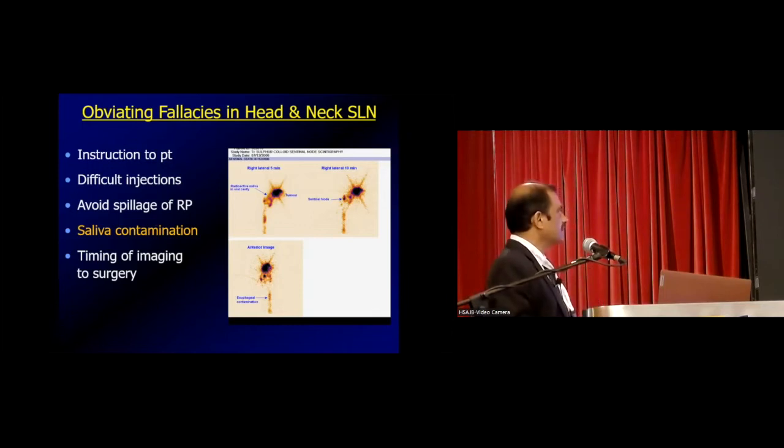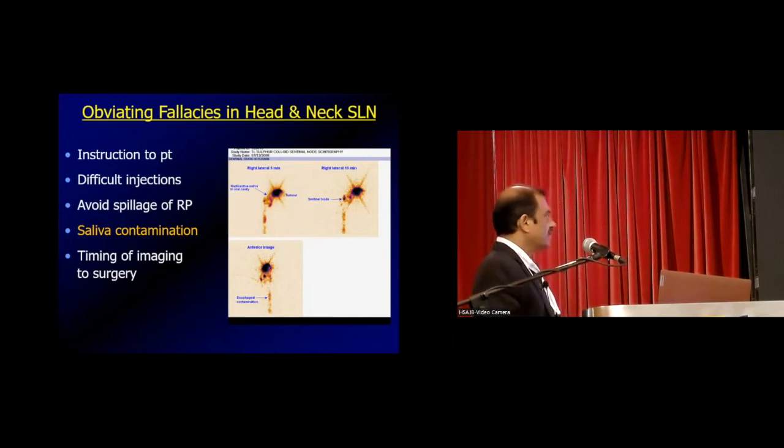If the patient swallows saliva, then your entire study can be missed out, because you can see there is a lot of tracer in the oral cavity, and also there is a lot of tracer in the esophagus. This all can mask the small sentinel lymph nodes.